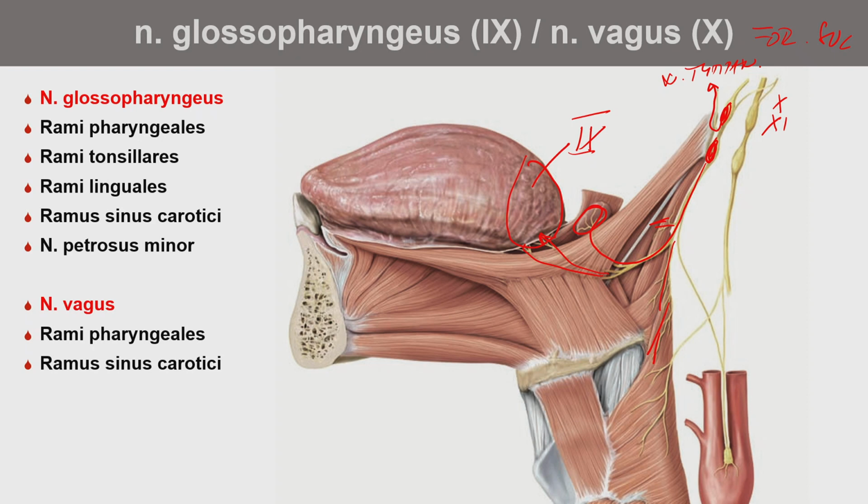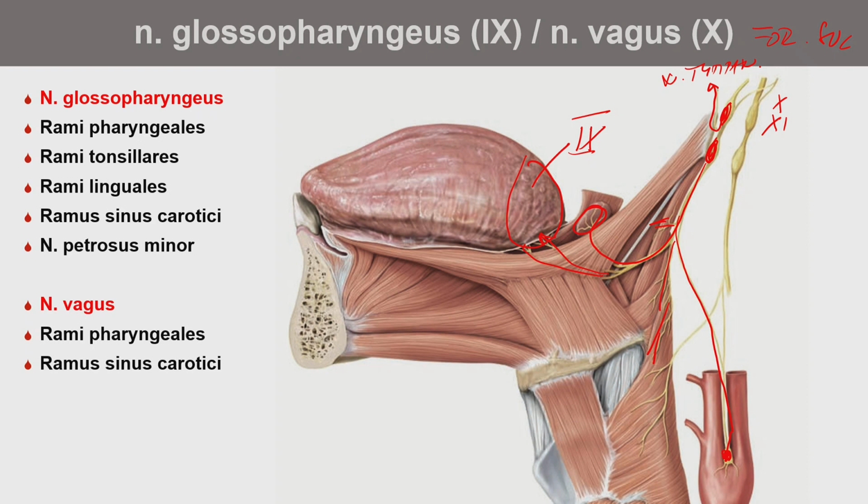The last important branch is a branch which is seen here. This branch is going to this body. This is a carotid body, and this is viscerosensitive information which is obtained this way from the blood about the compounds in the blood, concentration of CO2 and O2, and also about the blood pressure.